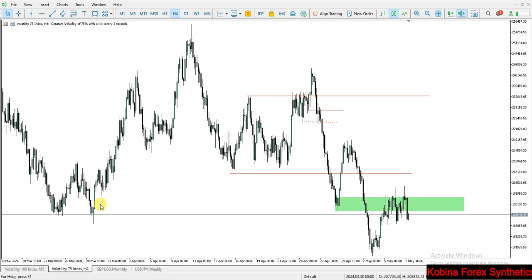So today I want to briefly take you through what ICT dealing ranges are. This is the volatility 75 asset pair.